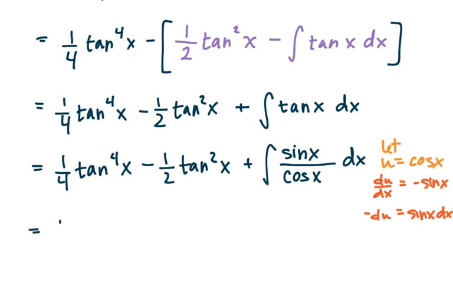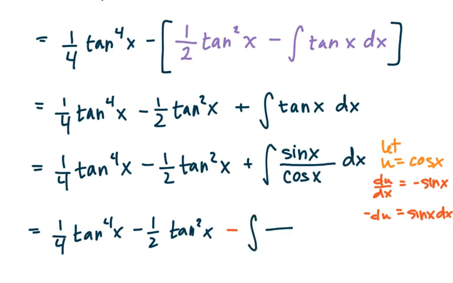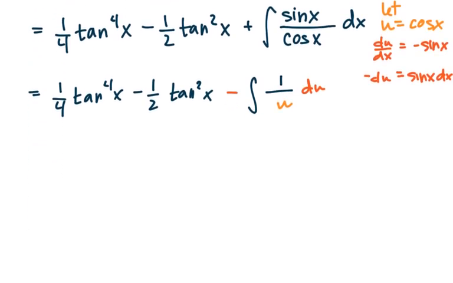So I have 1/4, I'm just going to rewrite all of this, tangent to the 4th of x minus 1/2 tangent squared of x. And subbing that in, sine x dx is going to give me minus the integral. That's going to become a du. I had a u in the denominator, and what was in the numerator became a 1. So integrating 1 over u, we know that would be the natural log of u.